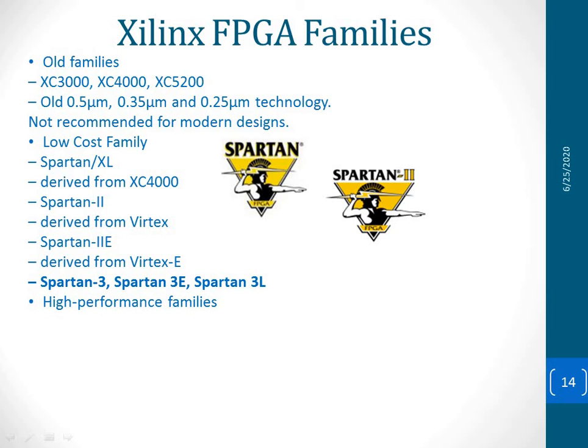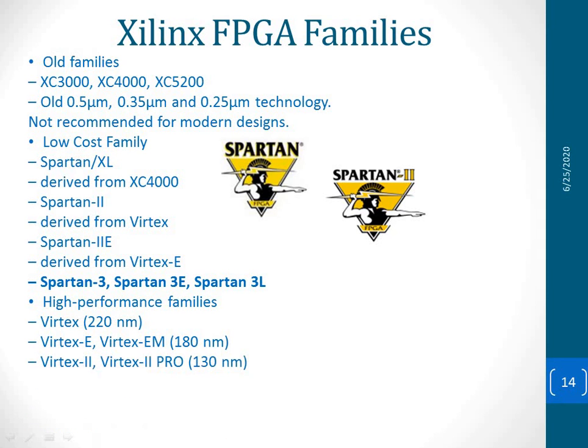High performance families from Xilinx. We are now discussing only Xilinx families. They are Virtex at 220 nanometer, Virtex E and Virtex EM at 180 nanometer. See, we are moving from 0.5 micrometer to nanometer. You can imagine the length or the wire width or the wire spacing.